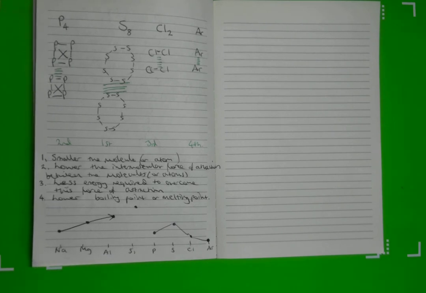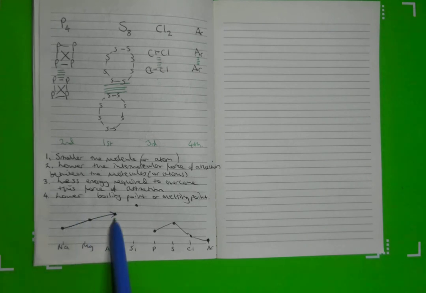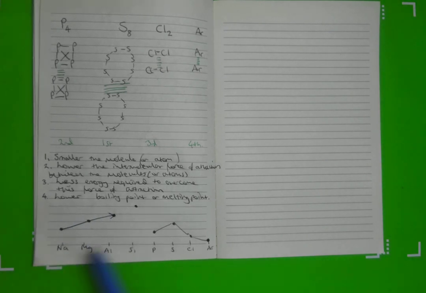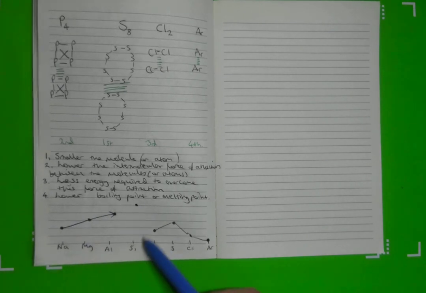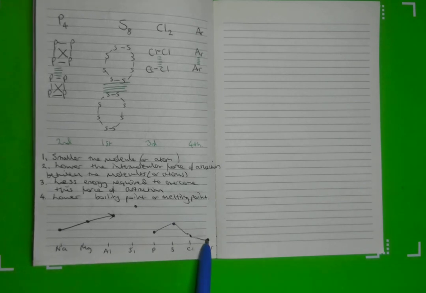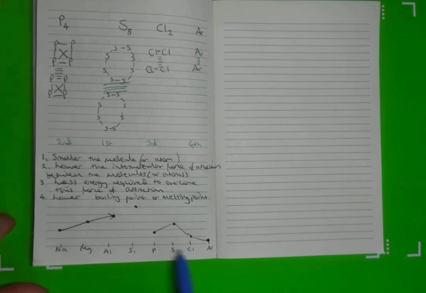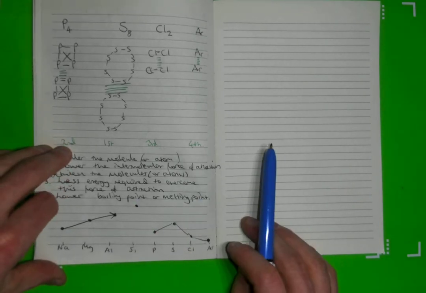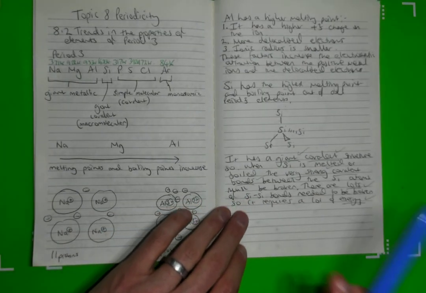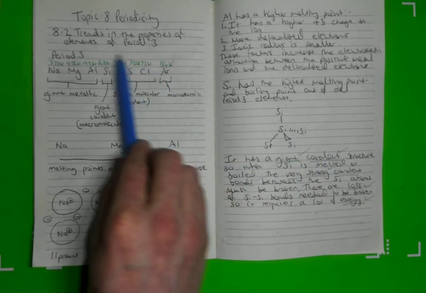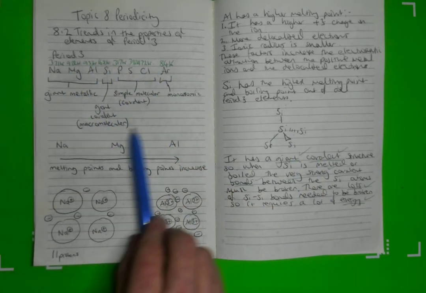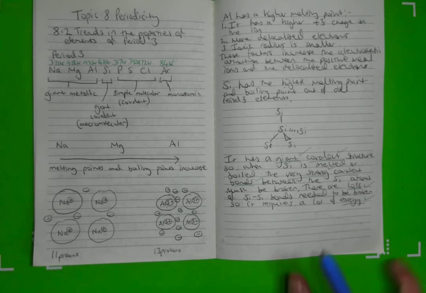So there are 3 separate explanations. There's this description for those 3 elements. This one to explain why it's the greatest. And then these ones. And we can relate all of that back to the type of bonding in the elements. Right the way back there.